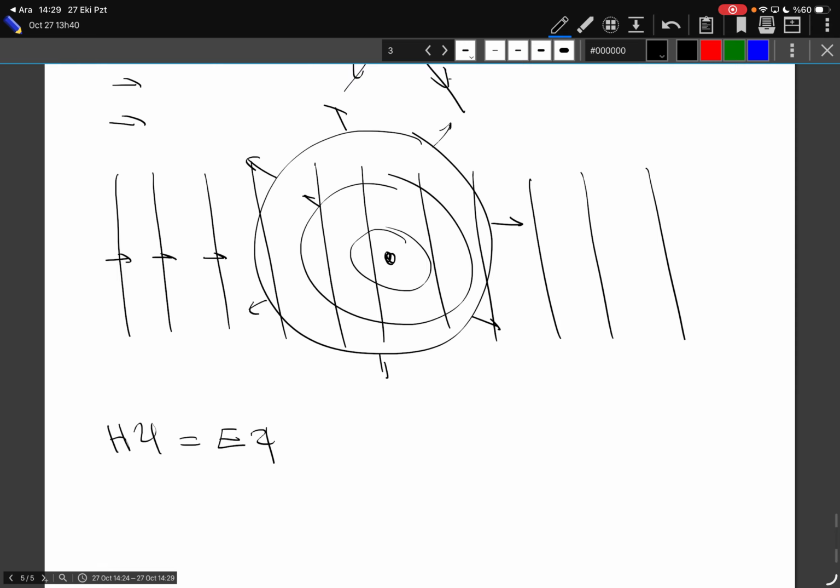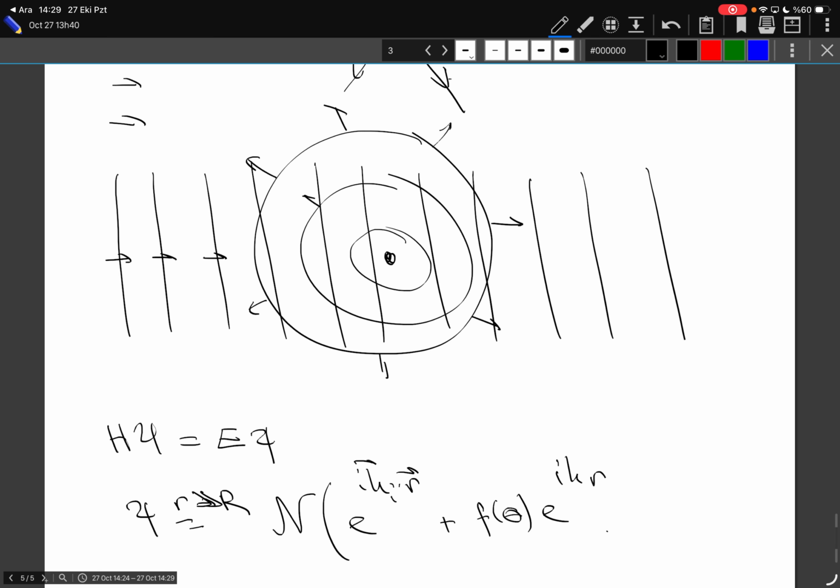For quantum mechanics of one particle, we are looking for solutions of this equation with the condition that when r is much, much larger than the range of my potential, away from the range of my potential, I should have some normalization constant, e to the power i k_incident times r, plus some f of theta, e to the power i k r over r.